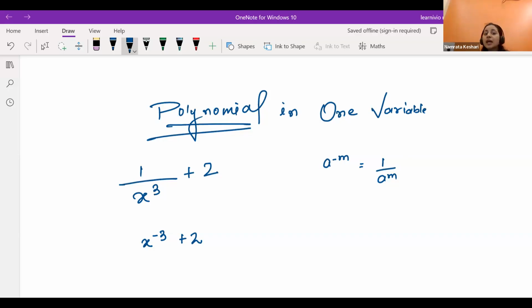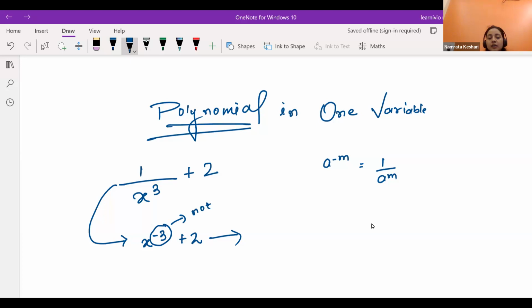Yeah. So I was telling you that in the first chapter, I must have explained that a to the power minus m is equal to 1 by a to the power m. That means whenever we change the place of any term from numerator to denominator, or from denominator to numerator, the power will reverse its sign. Hence this 1 by x cube will become x to the power minus 3 plus 2, and it is not a polynomial because the variable's exponent is not a whole number.